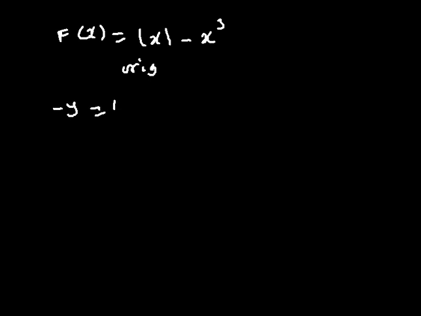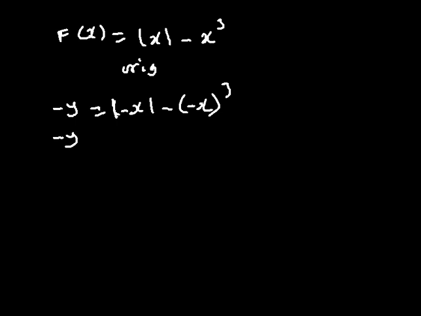But let's say we have the function f of x equal to the absolute value of x minus x to the power 3. How do you think we can do this? Let's start with the origin. The origin corresponds to negative y equal to the absolute value of negative x minus negative x to the power 3.